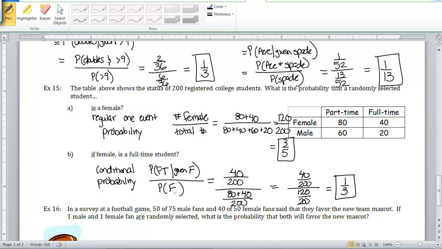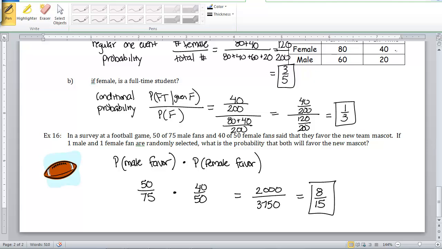Then we need to divide by the probability that we are female. So that's 80 plus 40 divided by 200, or 120 over 200. Again, multiplying by the reciprocal or using your calculator, you should find that if she's female, you have a 1 out of 3 chance that she is full-time. Please now pause the video and complete example 16.